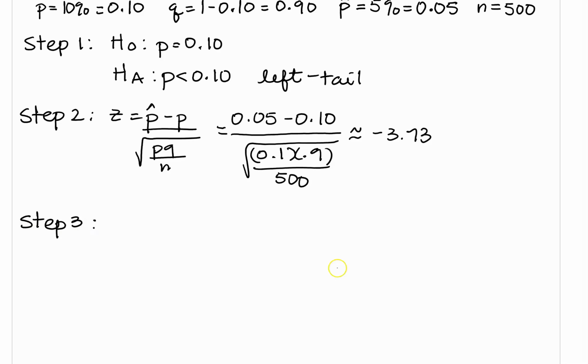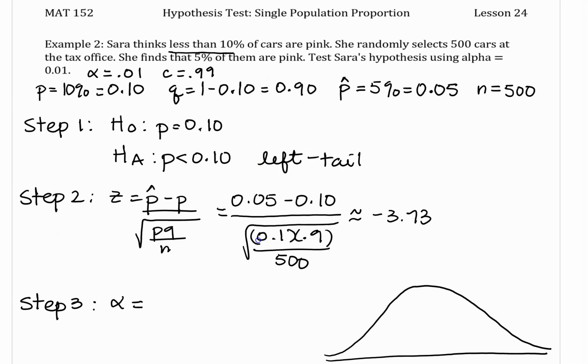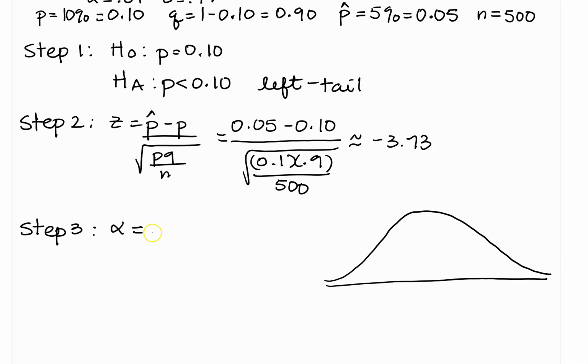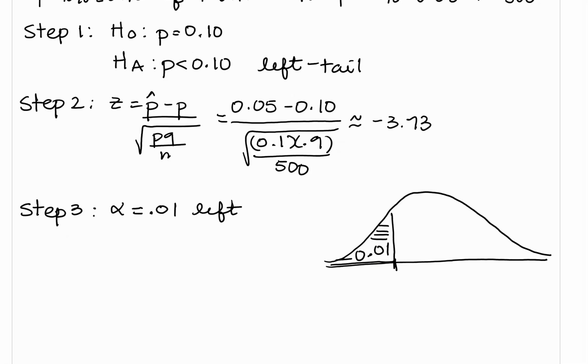Now that we have our test statistic, moving on to step 3, we will determine our critical value and draw our rejection region. Our alpha is equal to 0.01, shade to the left. That is my rejection region. We need to go find what z value has a left area of 0.01.